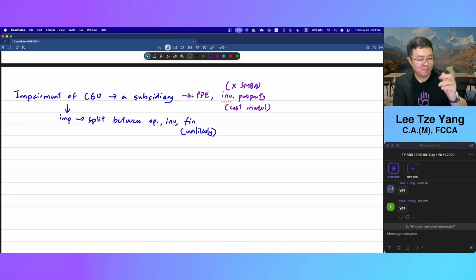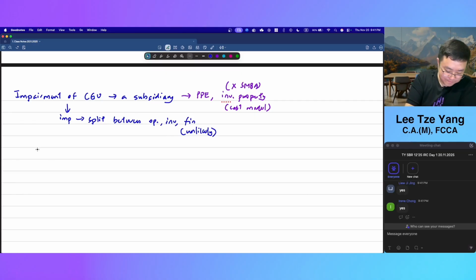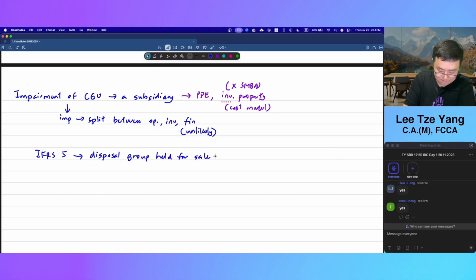Now, let's make it a bit more complicated. What if this? IFRS 5, disposal group held for sale.